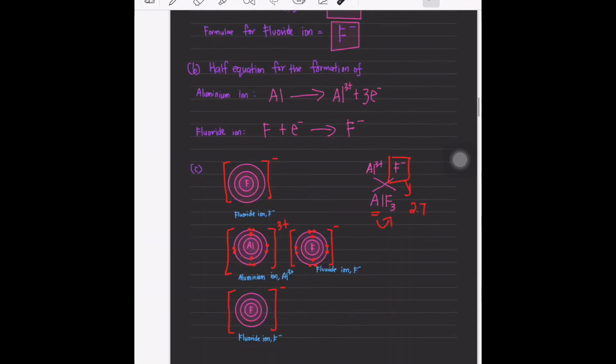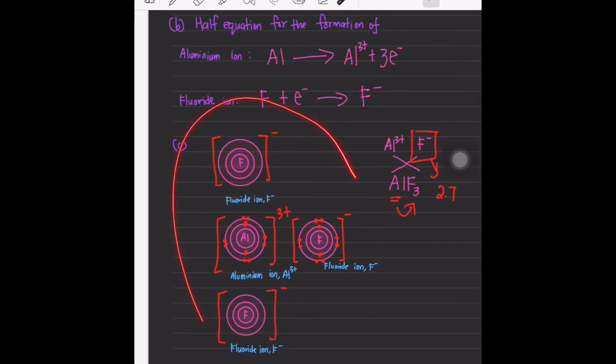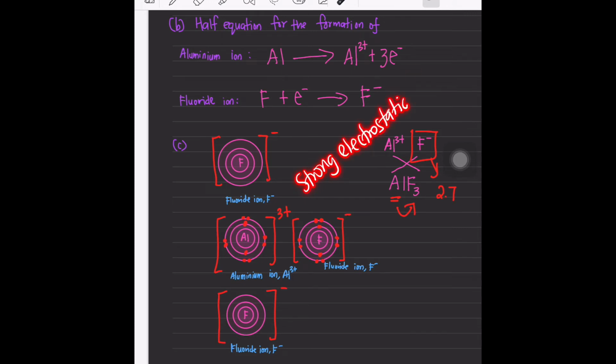Tapi kalau di dalam this is not covalent kan? This is ionic kan? Ionic bond tiada covalent. Diorang ada strong electrostatic force. Ini dalam ionic compound. Electrostatic force of attraction. Strong kalau dalam ionic.